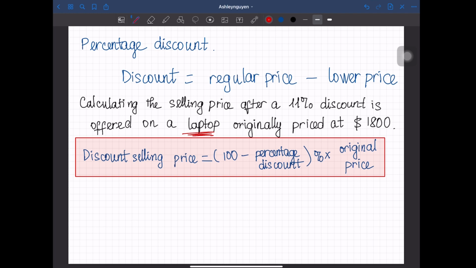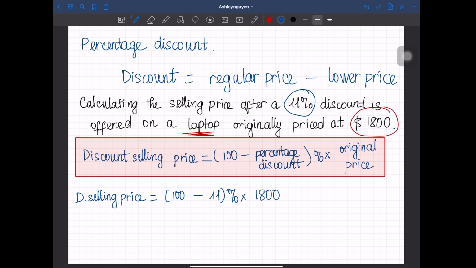So based on the example, the discount selling price equals 100 minus the percentage discount 11%, times the original price $1,800, which is equal to 89% of $1,800.